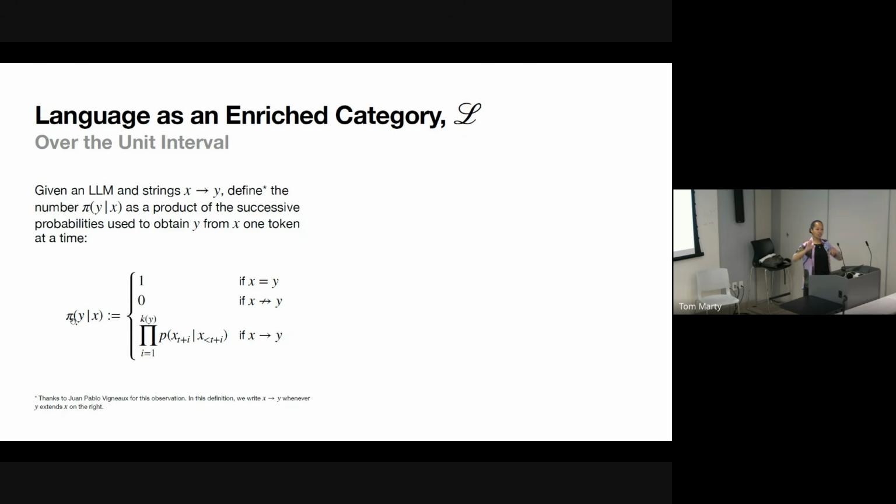So if I have some string, let's say my string is big blue ocean, I'm going to think of the probability of ocean given a string, or let's say big blue given a string, an initial string, as the product of the successive probabilities of getting that one token at a time. So that's what my pi of xy are. If my x and y are equal, just define it to be 1. And if x is not a substring of y, just define it to be 0.